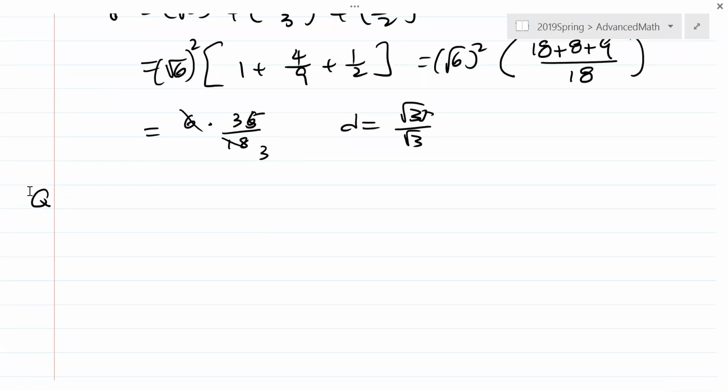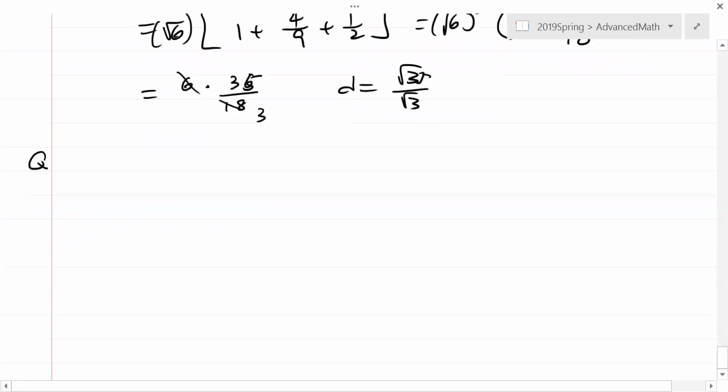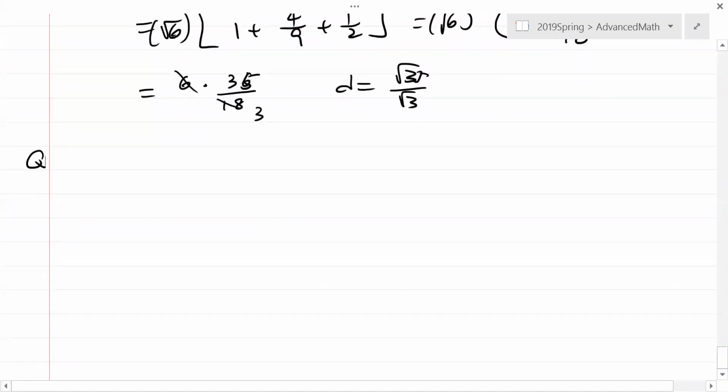The ping pong balls are stacked in a pyramid with a square base and with one ball in the top layer. One ball in the top layer. So each ping pong ball rests on the 4 below it except in the base. Okay, so here's a question. This is the type of pyramid.